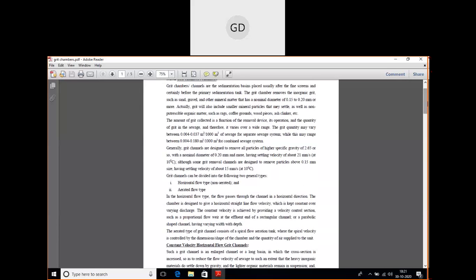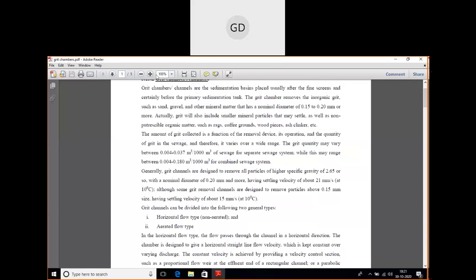Okay, so grit channels are of two types. Here you can see one is the horizontal flow type, and one is the aerated flow type. In the horizontal flow type, the flow passes through the channel in a horizontal direction.